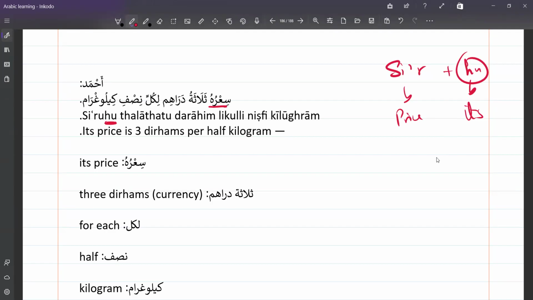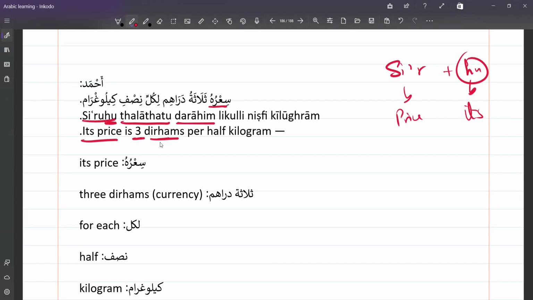So si'ruhu means its price. So the shopkeeper says, si'ruhu thalathat darahim. Thalatha means three, and darahim refers to dirhams, since in Dubai and the UAE we deal with dirhams, right?